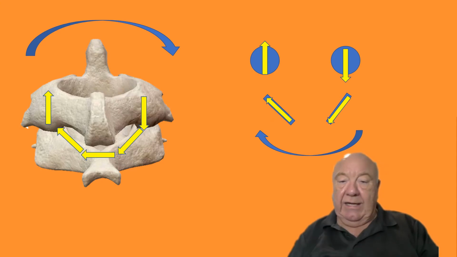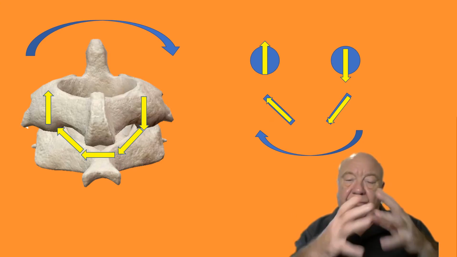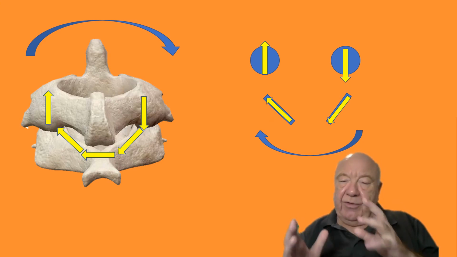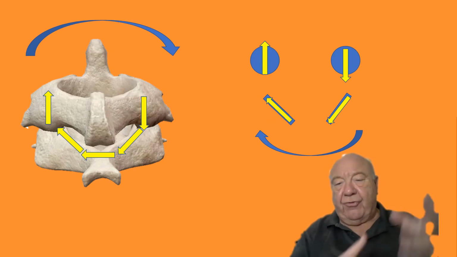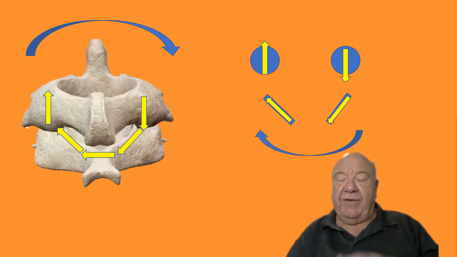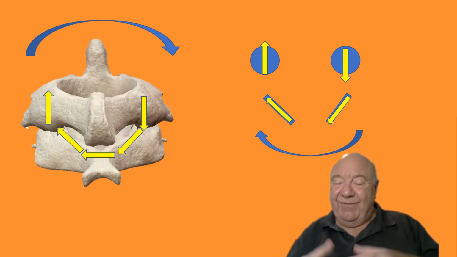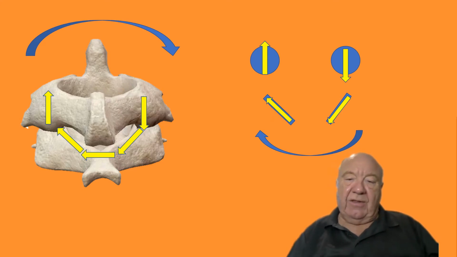So again, we have an inferior vector, an inferomedial vector, a superolateral vector, and a superior vector, and the resultant of all this is that left translational composite glide for all of the joints, and that's what you're testing when you're doing these PPIVMs of side flexion, translation, flexion, and extension.